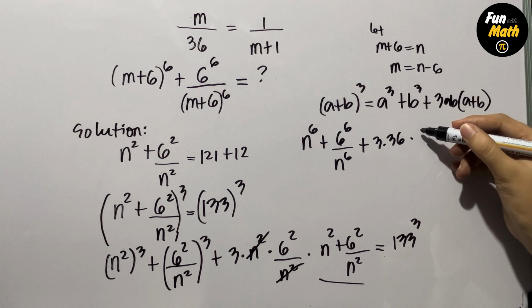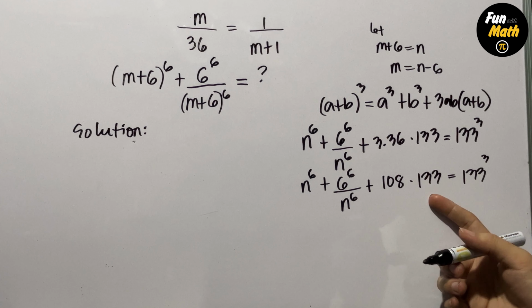And now this is n^6 + 6^6/n^6 + 3 times 36, that is 108 times 133 equals 133 cubed.